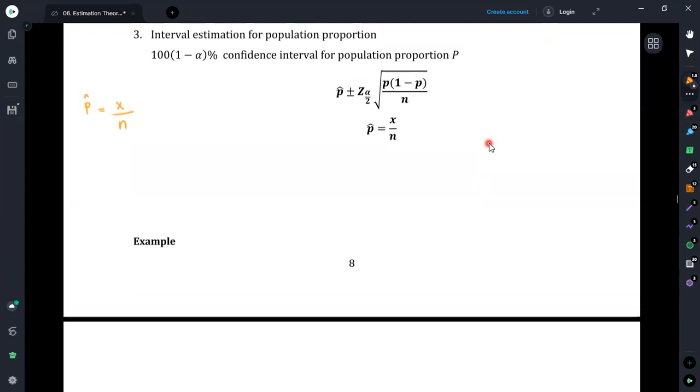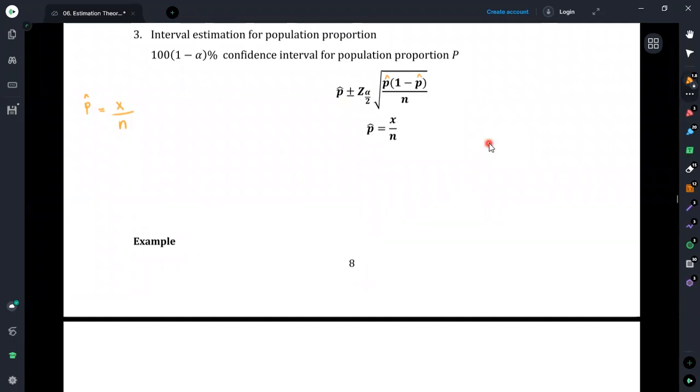Then it has to be multiplied by the square root of p times 1 minus p over n, where p has the same meaning. If you do not know the value p, then we can just replace it by p hat as well. Therefore, generally we use the p hat values instead of p. It is because generally we have to estimate the proportion first, and thereafter we can apply it in this equation. Now we will discuss an example related to this.